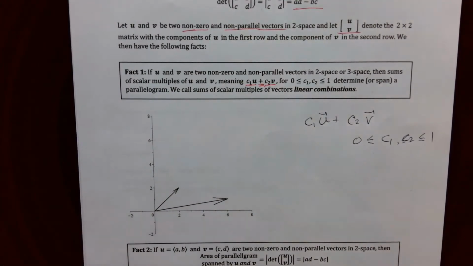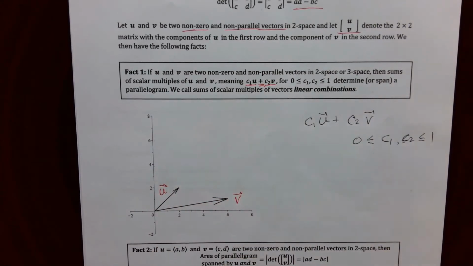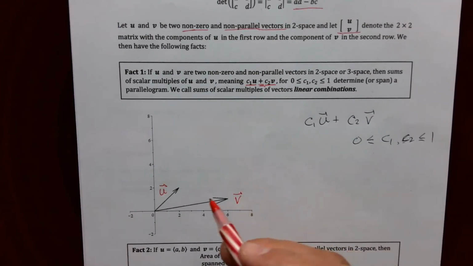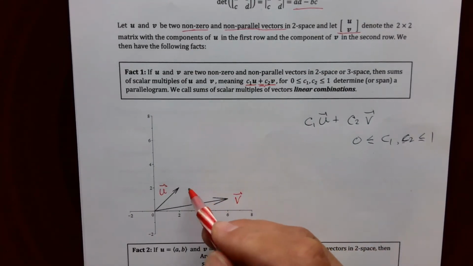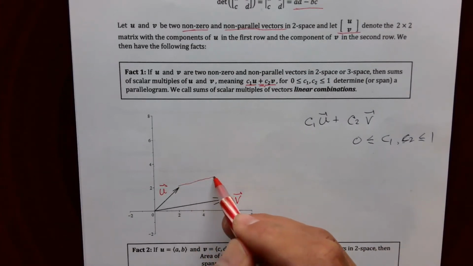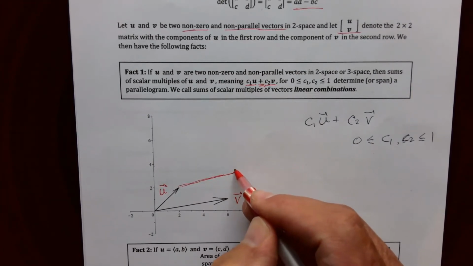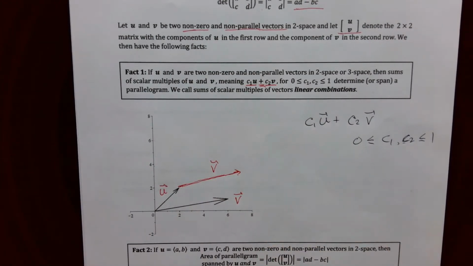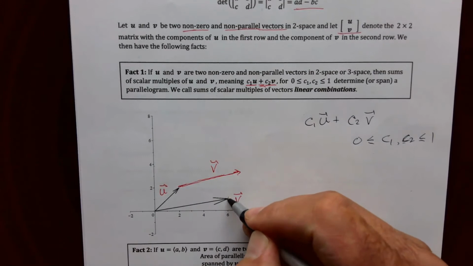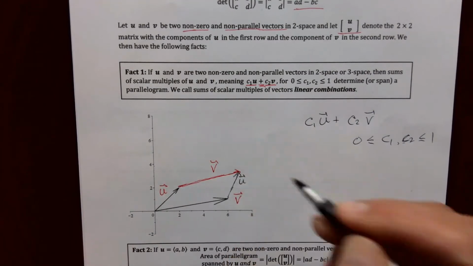Let's look at the picture here. Let's assume that the vector U is pictured as such and V is pictured as such. What happens if we add U and V together? Well, what we would do is take the vector V and redraw it at the tip of the vector U. So that's redrawing V based at the tip of U, and then we would draw the vector U also at the tip of V, and that determines a parallelogram.